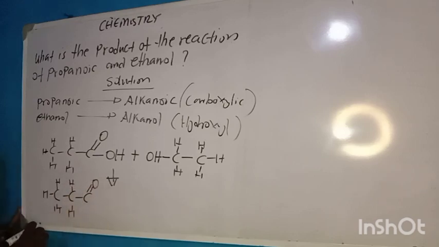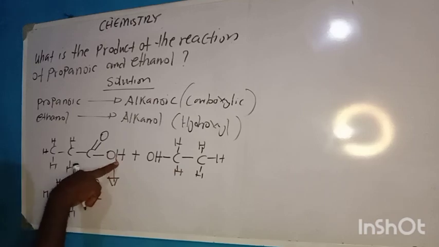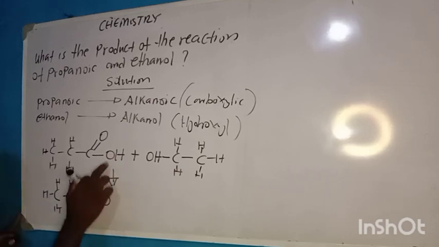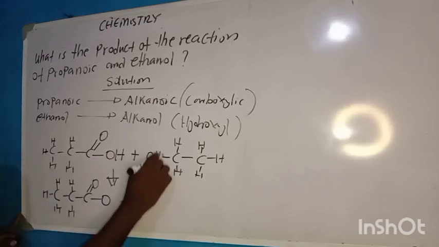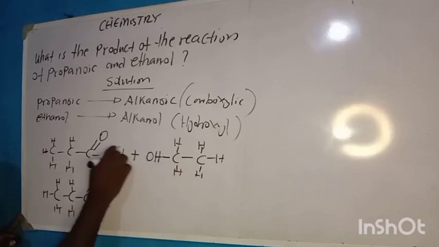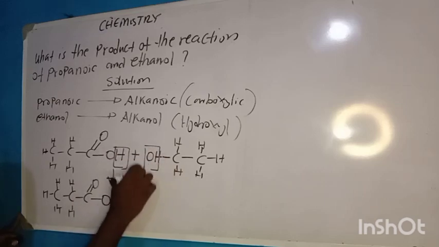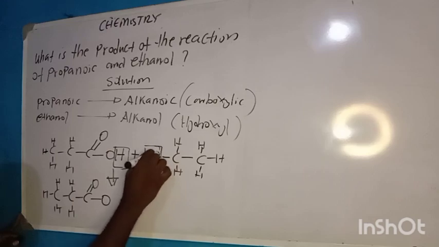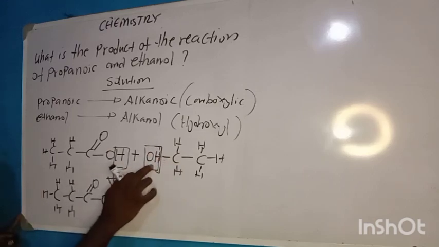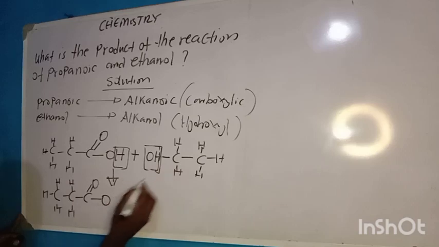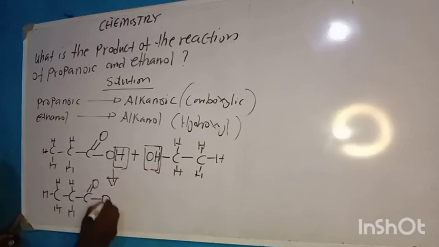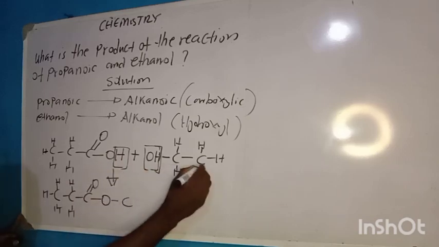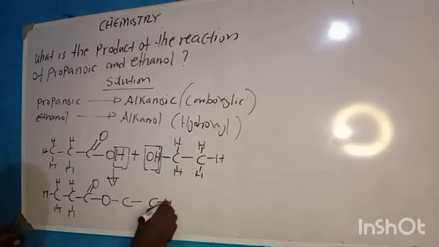The carbonyl compound will remain here. Then if we remove the hydrogen atom here, you're going to be left with just this oxygen, right? Then you are removing this out, and the hydroxyl here will combine with this. What will be left here is just this bond. So this bond combining with this oxygen, your 2 carbon atoms will come there. This is the compound that will form.